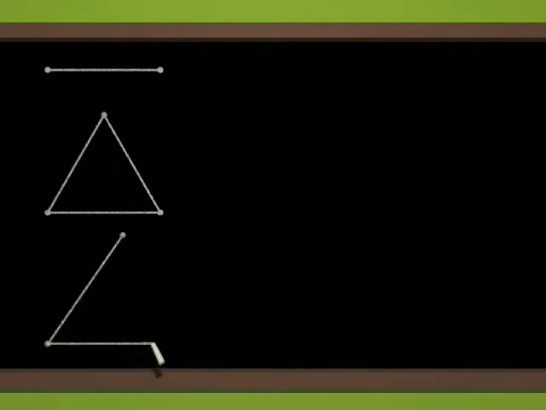Here is a segment and an equilateral triangle. And finally, a regular tetrahedron.